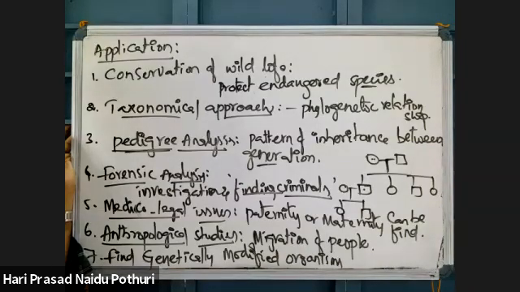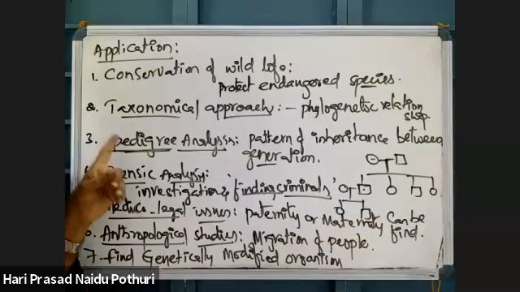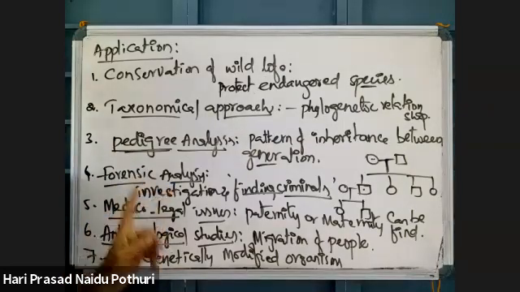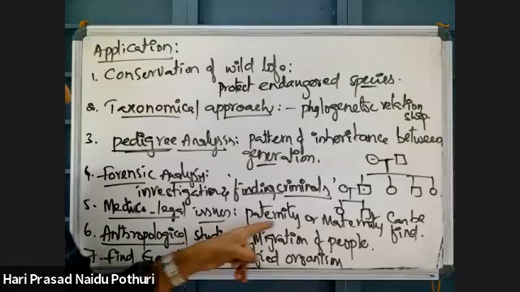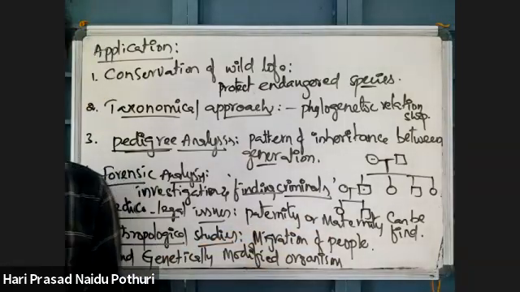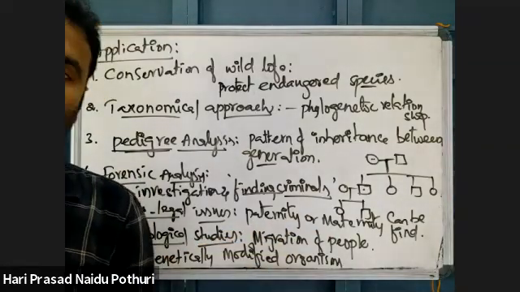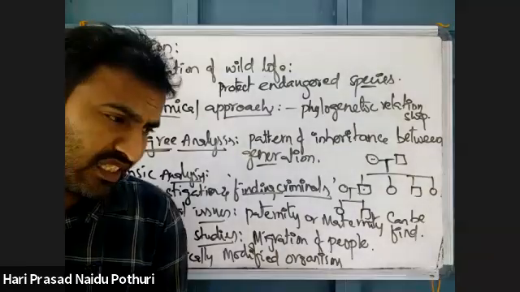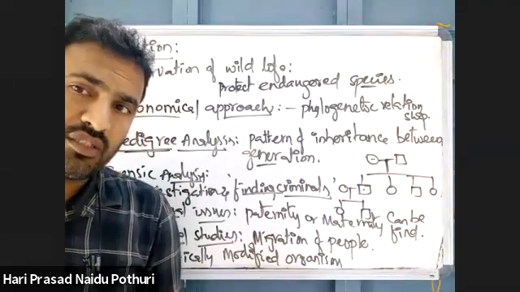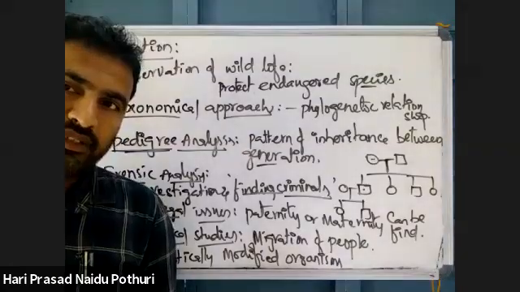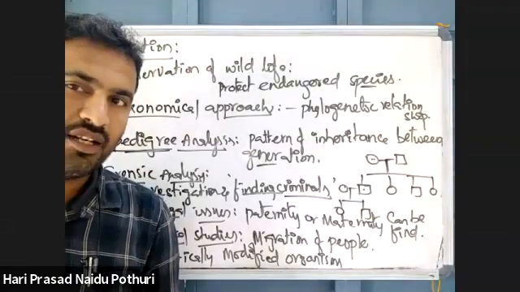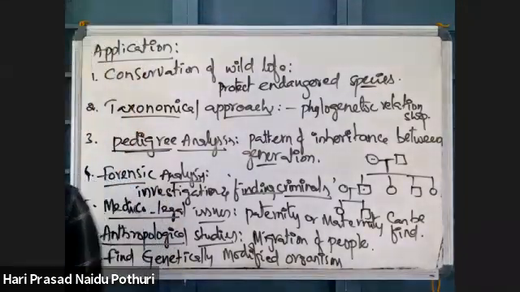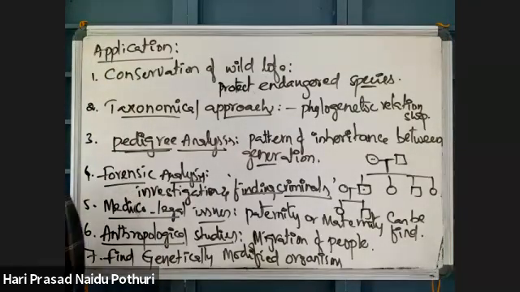Suppose some dead bodies are burnt, we don't have evidence to find, that also can be studied by using this. Medico-legal issues, paternity issues, maternity issues, who is father, who is mother, for that also. Especially I think two years before a popular case ran in India regarding paternity.